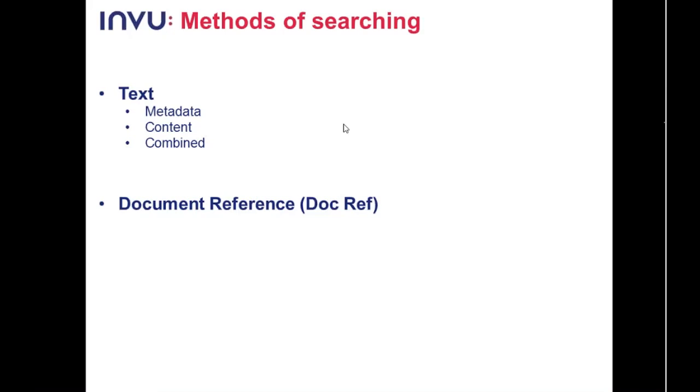The other search type or method is document reference search. As I touched on earlier in my introductory slide, it allows you to search on specific document references or fields, indexes within Series 6. Very precise. You can search across everything, as in across all document types.